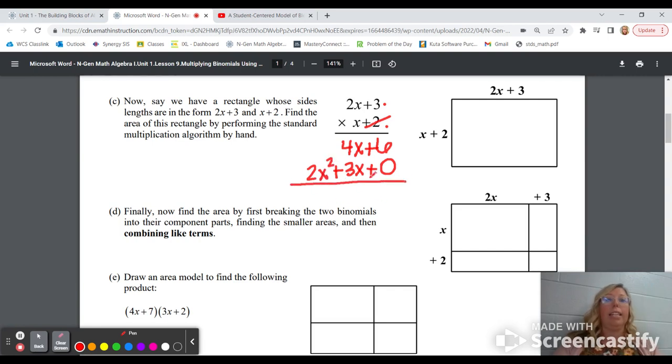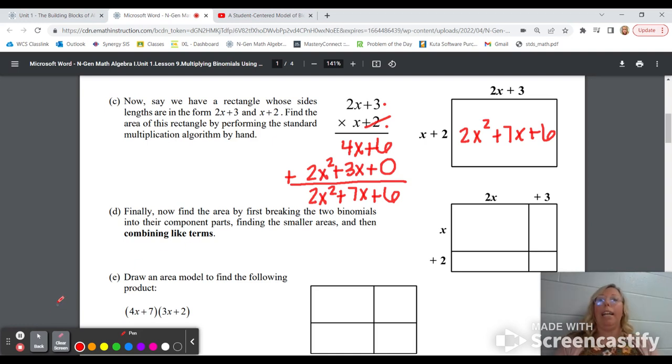Now we're going to add these up just like we did with the regular standard algorithm in part A. So 6 plus 0 is 6. Bring down your plus sign. 4x and 3x make 7x. Bring down that plus sign. And then 2x squared comes down. So the area of this rectangle is an algebraic expression, 2x squared plus 7x plus 6.